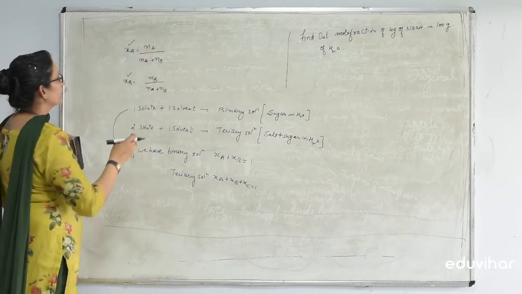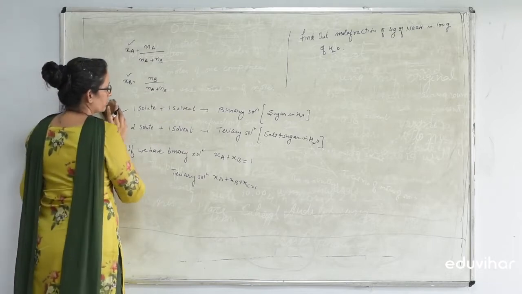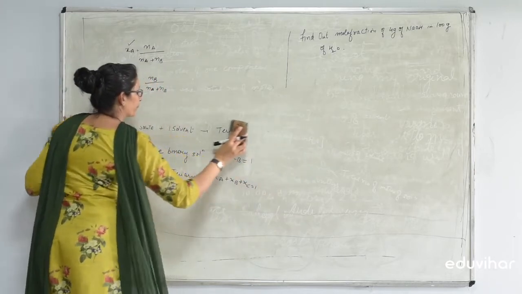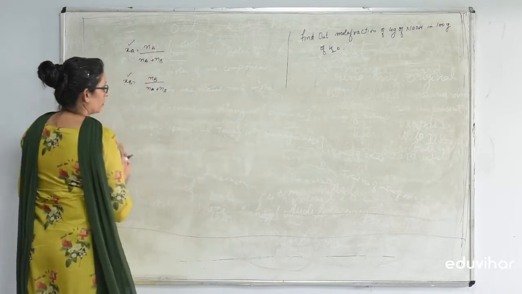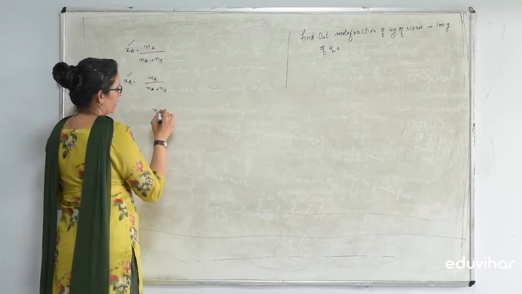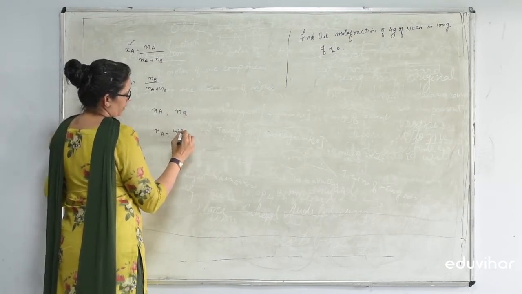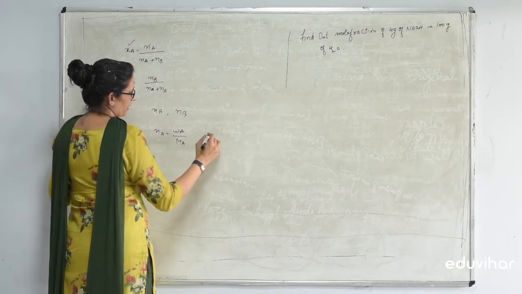To find XA and XB, first we have to find Na and Nb. Na is equal to Wa upon Ma.